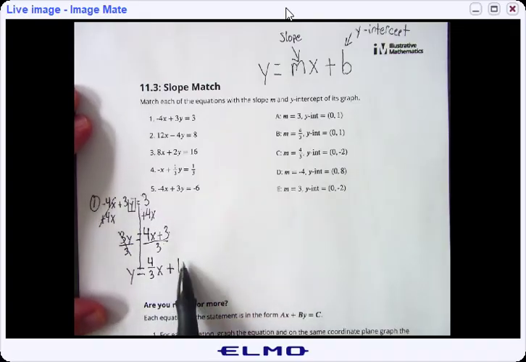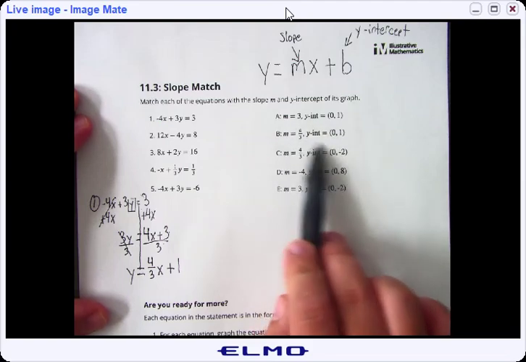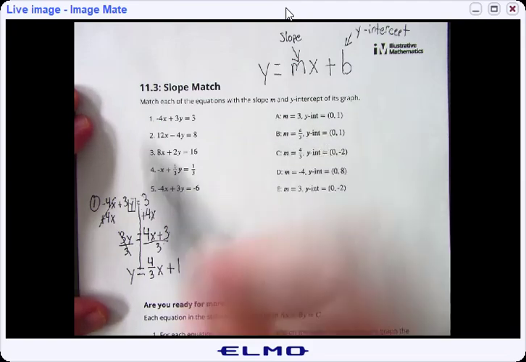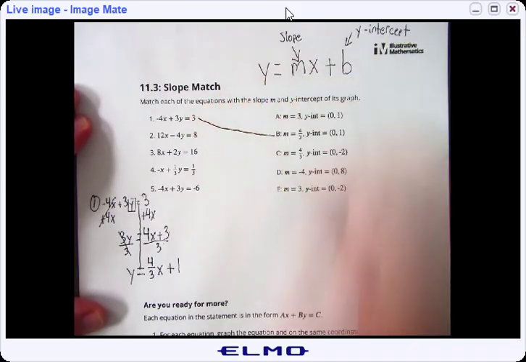So I'm looking for a slope of 4 thirds and a y-intercept of 1. That's what I got, so I'm going to match this one to B.